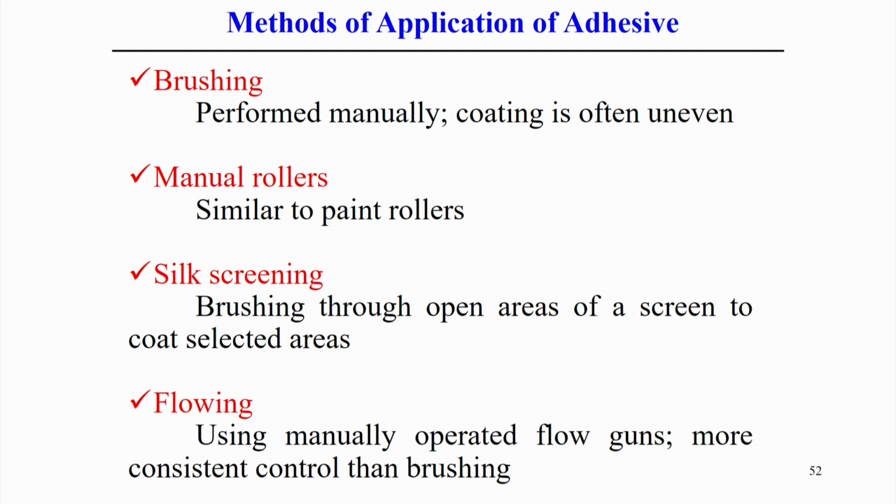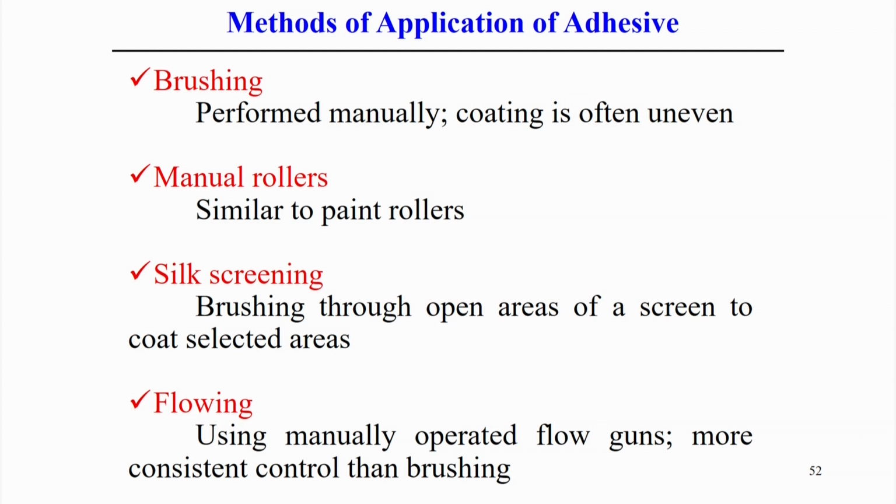Silk screening is another methodology for application of the adhesives. Simply brushing through the open area of a screen, the screen is used to coat selected areas. If you use the screen, it is possible to put the coat on a selective area of the component.